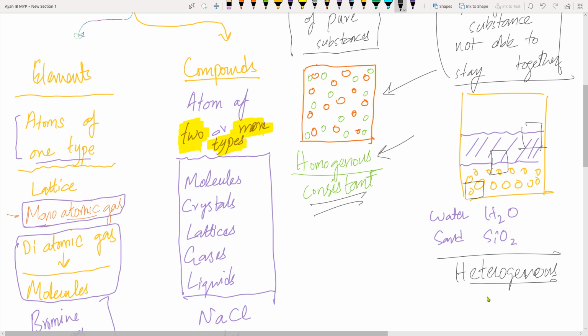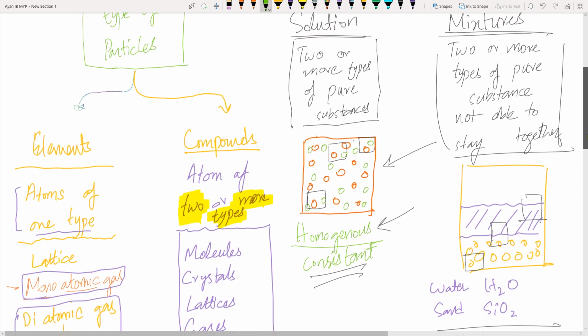Now that is what you call heterogeneous. And if I take the sample from here and here, there's a probability that I'm going to have similar composition for each, right? If I just add another green in here just to make it understandable, this is going to have a more consistent behavior compared to the mixtures, right?